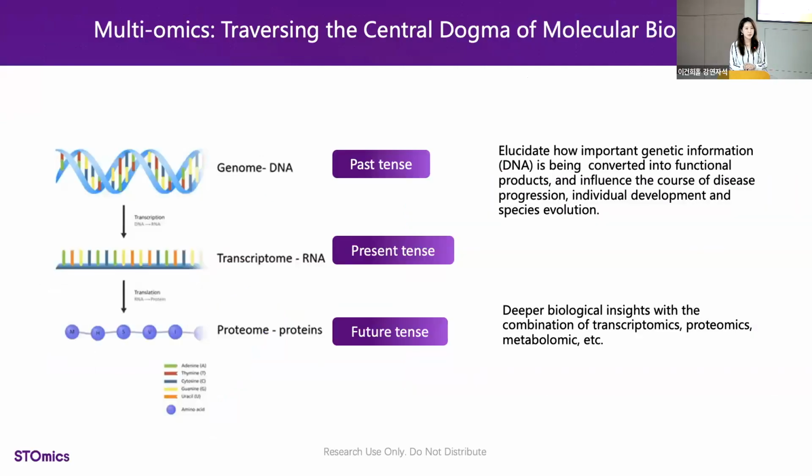Currently, Stereo-seq is focused on unbiased whole transcriptome, but we realized that multi-omics and multimodal analysis is really important for making breakthroughs in scientific discoveries. We think traversing the central dogma of molecular biology helps you answer questions about what a tissue was before, what is happening right now, and what could be the future of it.